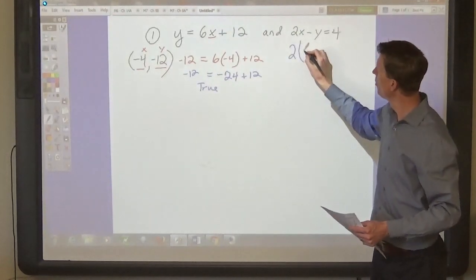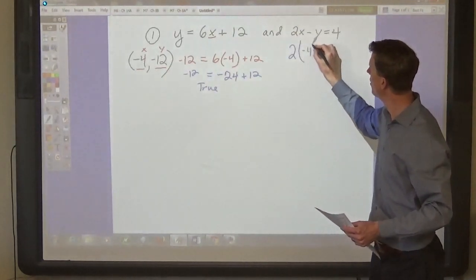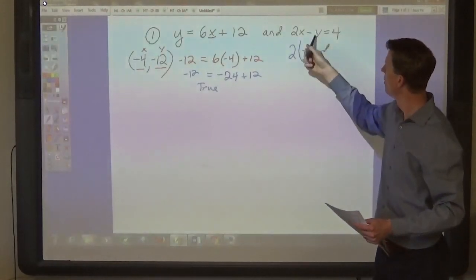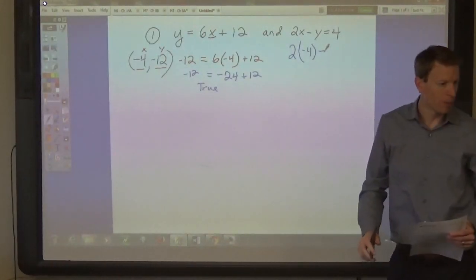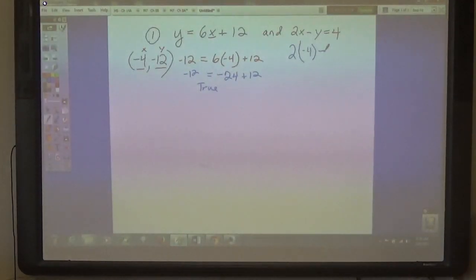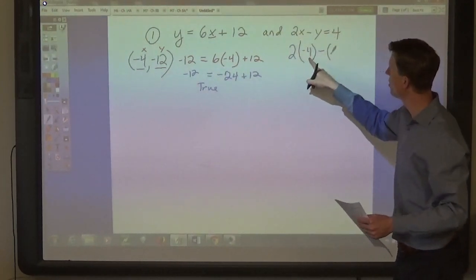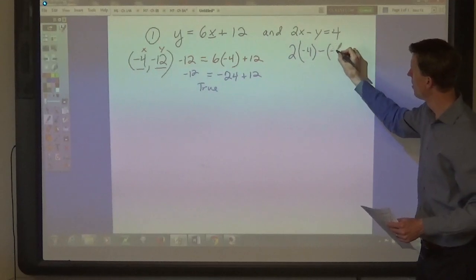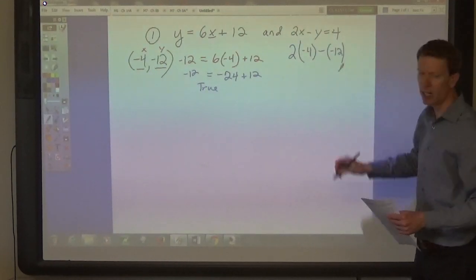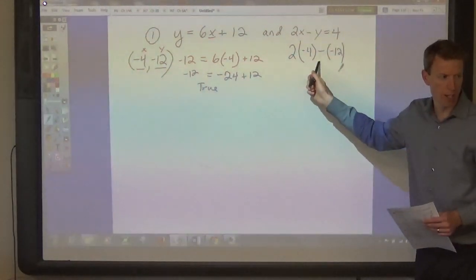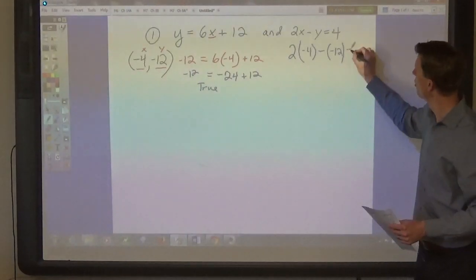You have to make it positive. So put in 2 times -4 minus -12. Sorry, 2 times -4 minus -12. Always put it in parentheses when you substitute the number in. Is that true?